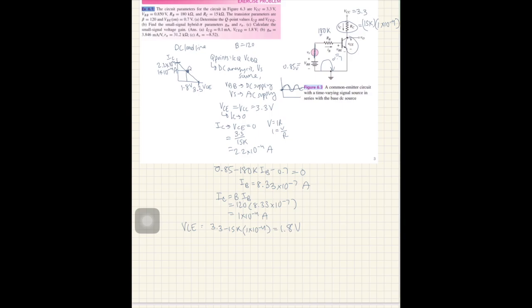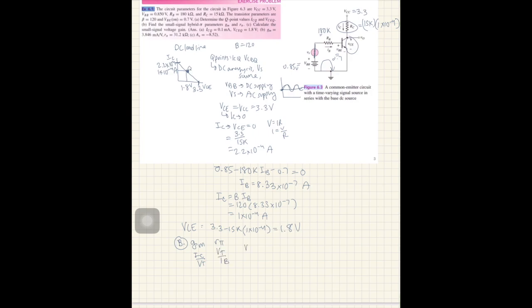For part B, it's asking us to find the small signal hybrid parameters gm and r pi. The formulas we have are gm equals IC over VT and r pi equals VT over IB.